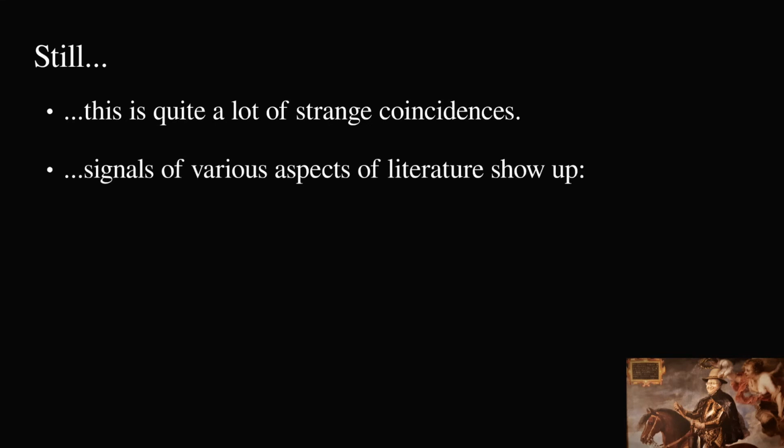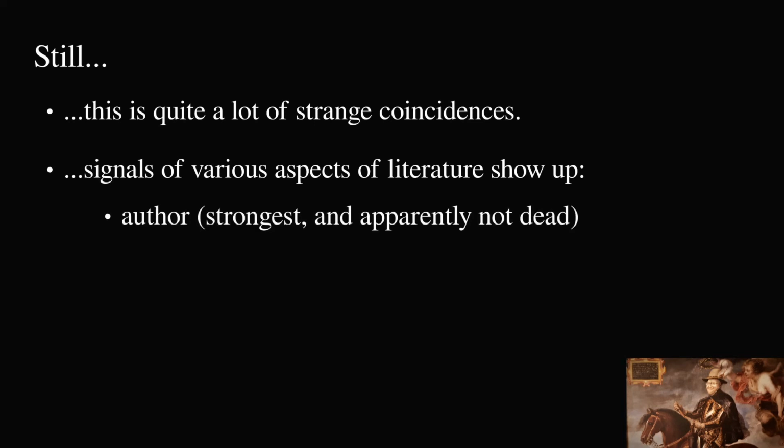The most interesting thing about that is that in those quantitative studies, in those visualizations of literature, we can see signals of various aspects of literature. The strongest is the author, who apparently is not dead at all, since he or she or they can be visualized so clearly in any analysis that we use.